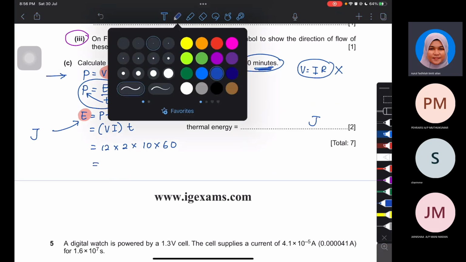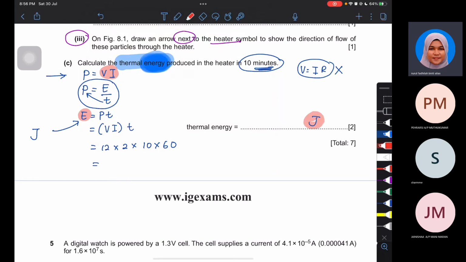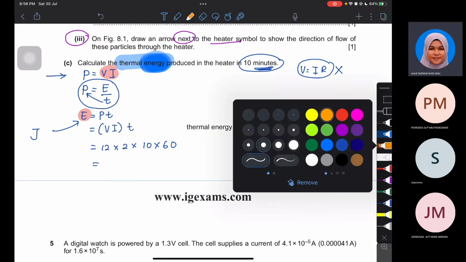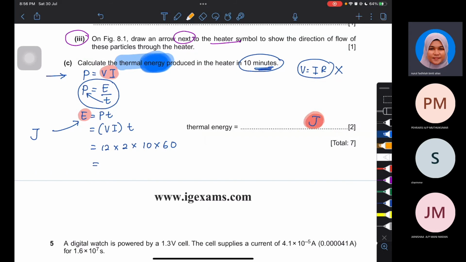Kalau nak guna unit joule, if you want to use joule as the unit, so you have to make sure ni semua dalam SI unit. Volt, ampere and second. So tekan kalkulator. Darab 12 darab 2 darab 10 darab 60. Siapa tekan kalkulator? 12 kali 2, 24. 24 kali 6.